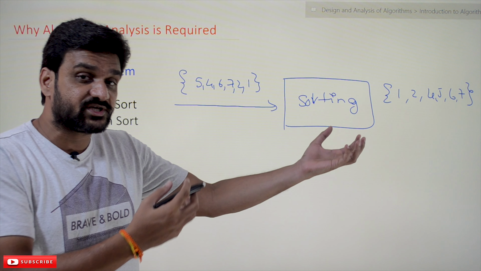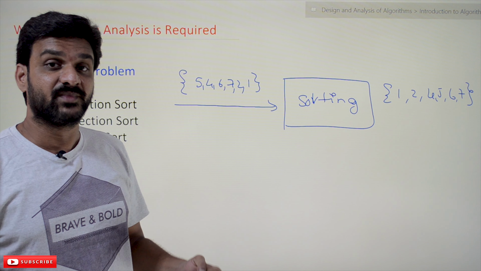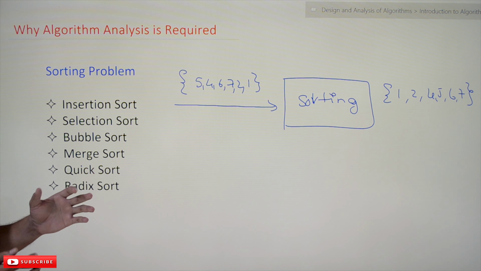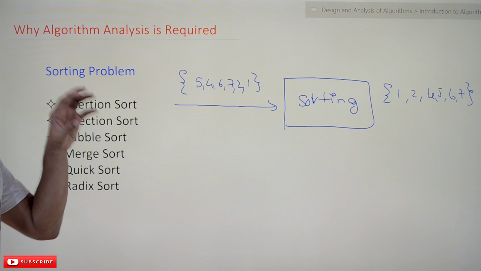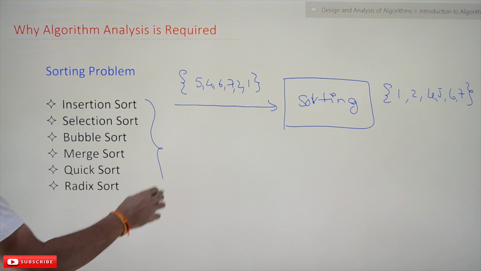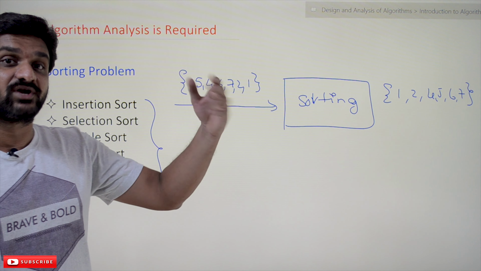The solution for sorting is obtained by a sorting algorithm. In the practical world, we have many solutions, and we are going to understand each of them in our later videos.